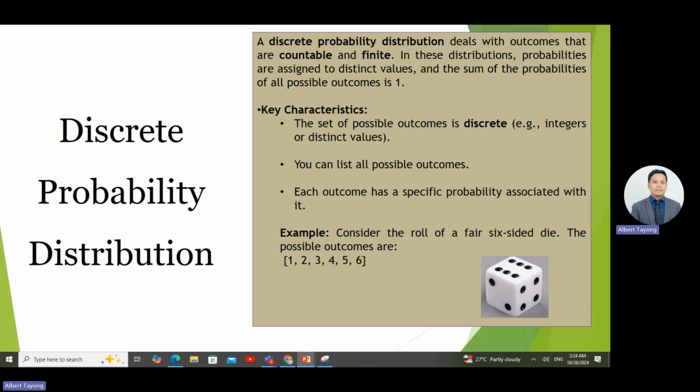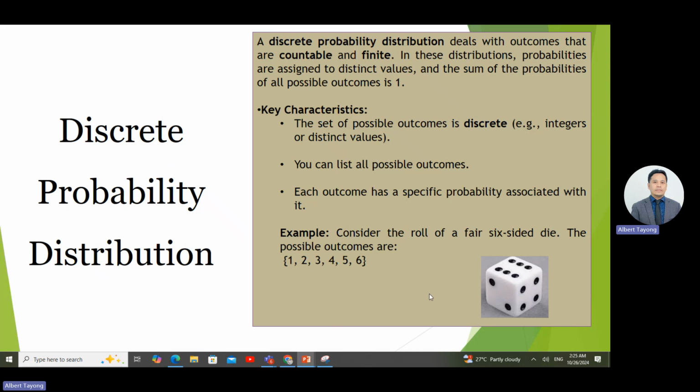So we're going to start with discrete probability distribution. There are, of course, many characteristics specified on the right, and the definition of a discrete probability distribution. Actually, when we say discrete probability distribution, it is a kind of probability where we have countable or finite outcomes. An example of this is rolling a die, where we have 6 faces.